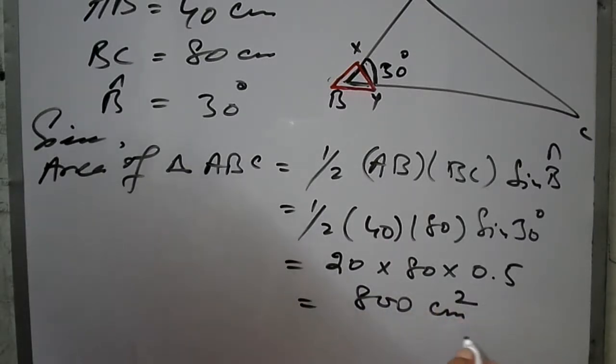By simplification, 800 centimeters square. So that is your part A.